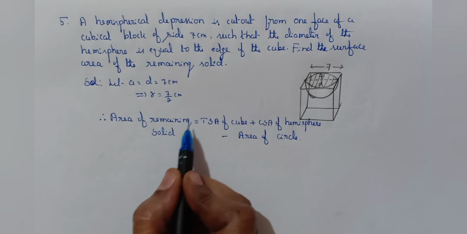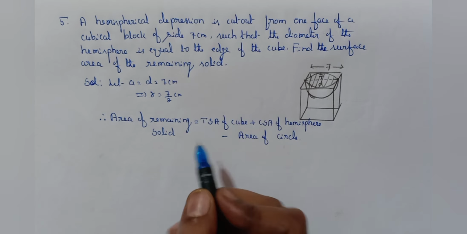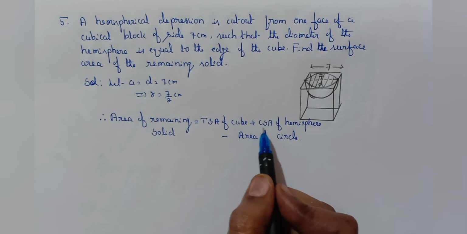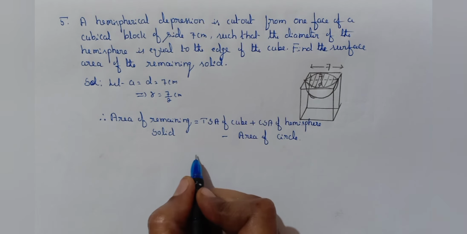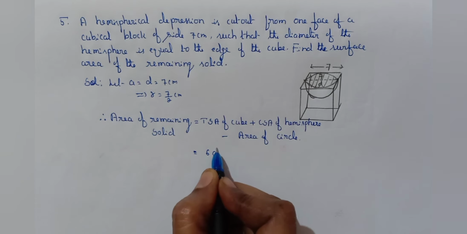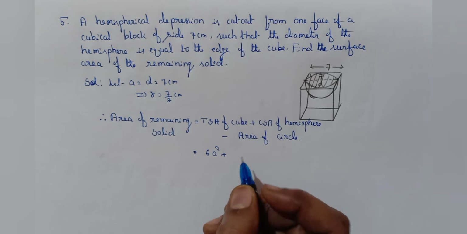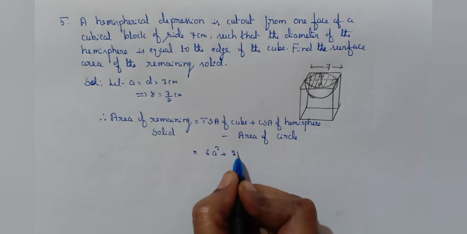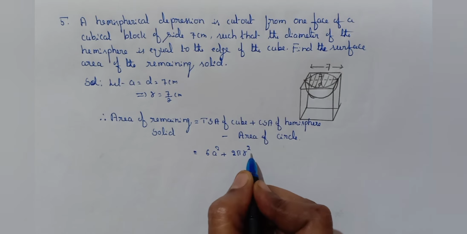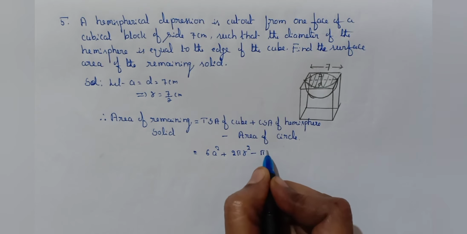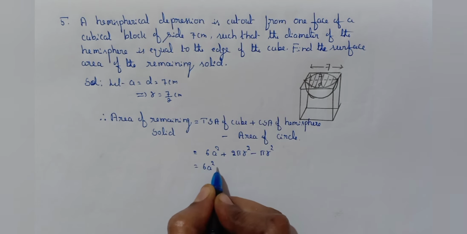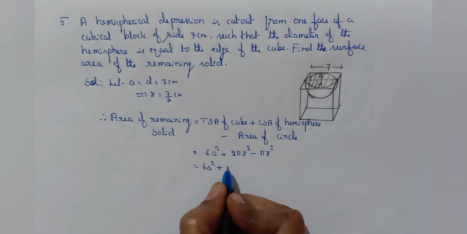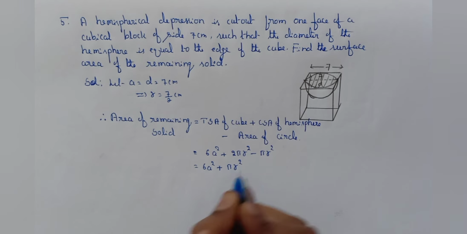Therefore, the area of the remaining solid is equal to TSA of the cube plus CS of the hemisphere minus area of the circle. You know the TSA of the cube is 6a square, plus CS of the hemisphere is 2 pi r square, and area of the circle is pi r square. 6a square plus 2 pi r square minus pi r square is 6a square plus pi r square.